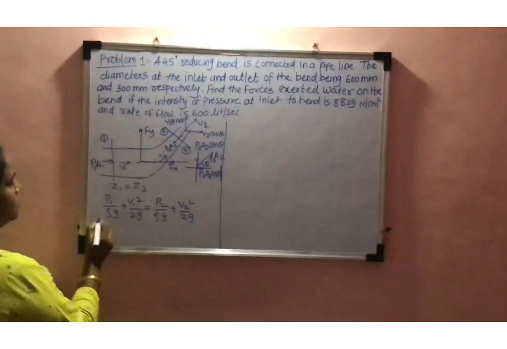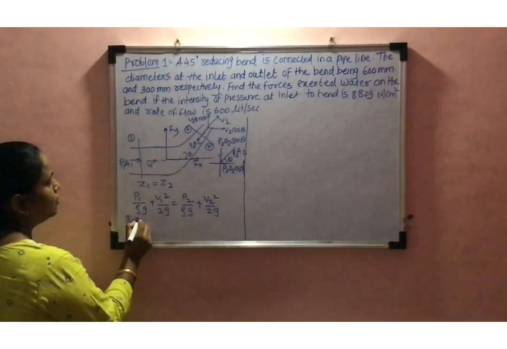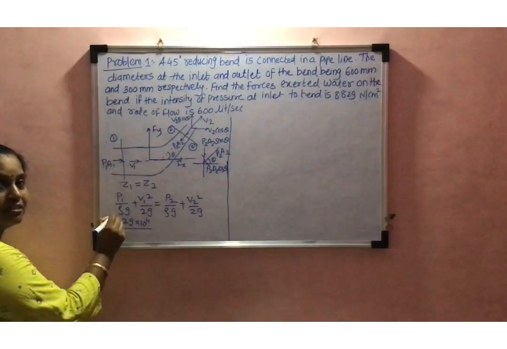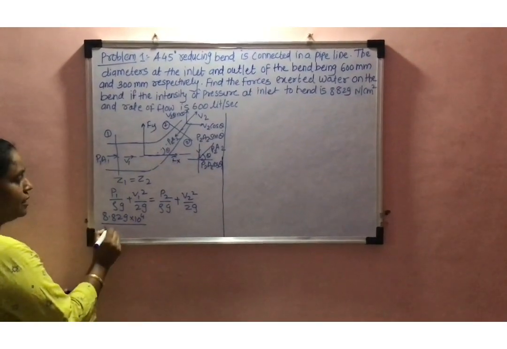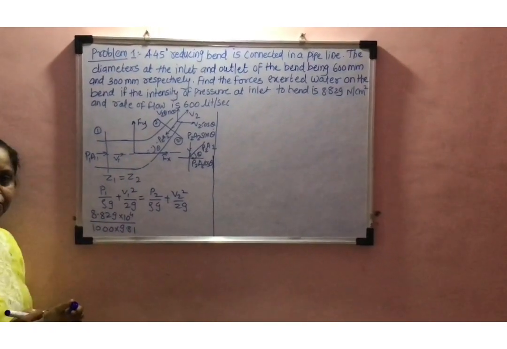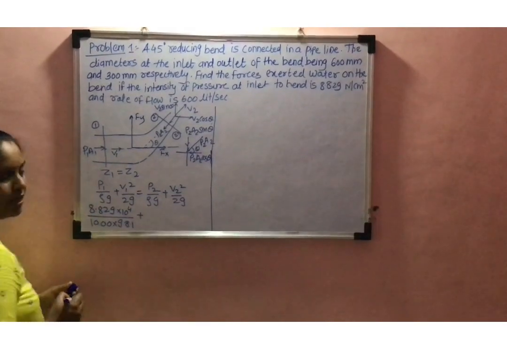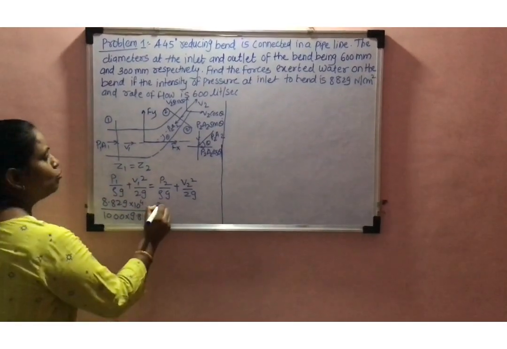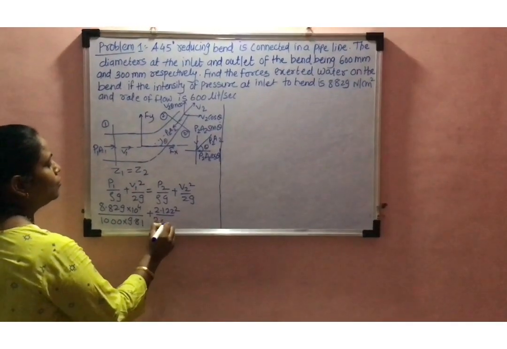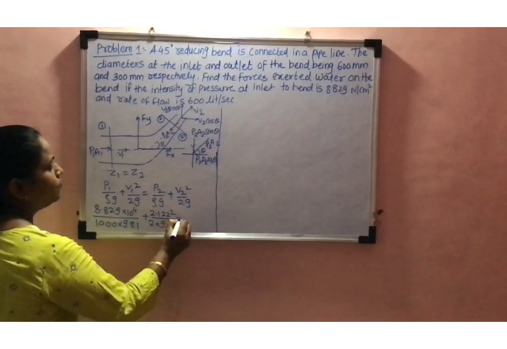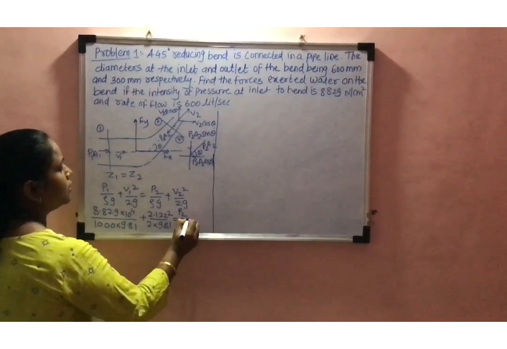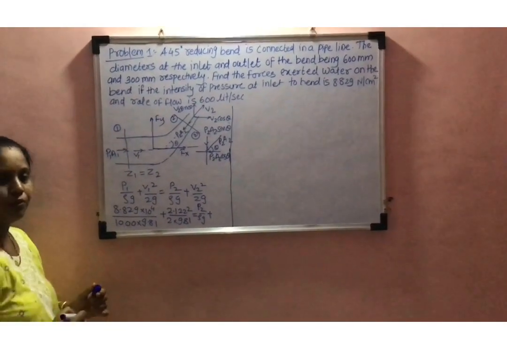We know P1 is equal to 8.829 into 10 raised to 4 upon rho, that is nothing but density. So density is 1000 into 9.81, value of g, plus V1 square. V1 is 2.122 square upon 2 into 9.81 is equal to P2 upon rho g plus V2 square.